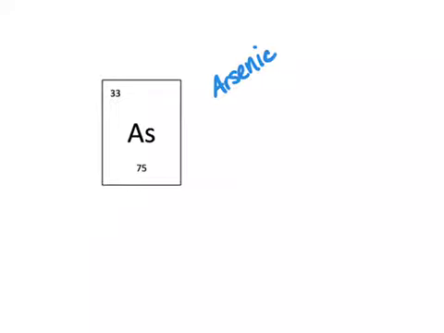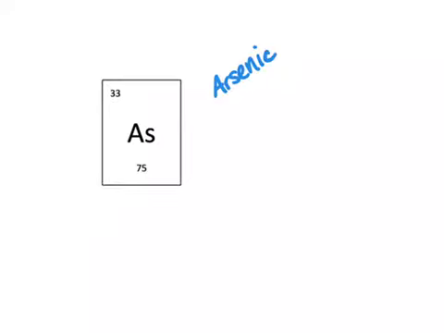You will be asked to determine what an atom's atomic mass is, given its number of protons and neutrons. You'll be asked to determine the number of protons, given the number of neutrons and atomic mass.